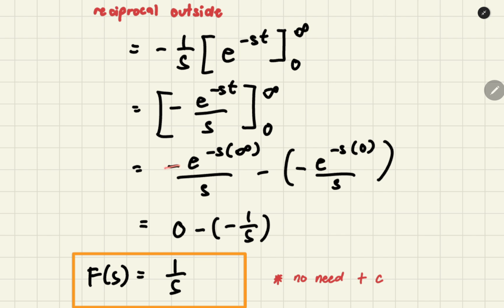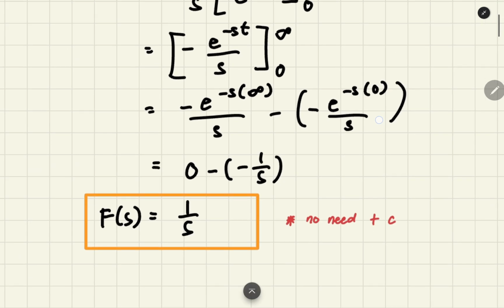So it became negative e raised to negative s times infinity, over s, minus, okay, that's just the process whenever we have a limit: substitute the upper limit minus the lower limit. So minus the negative e raised to negative s times 0.